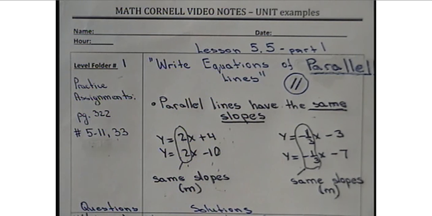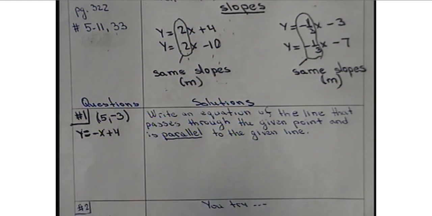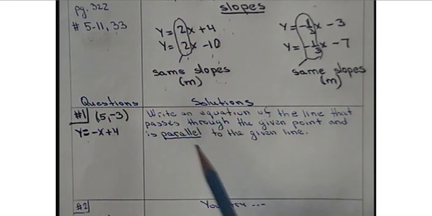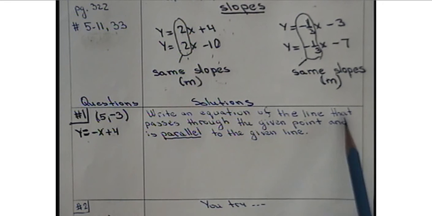So, example number 1. We are given information of one point on the graph and an equation of a line. So our job will be to write the equation of the line that passes through the given point and is parallel to the given line.